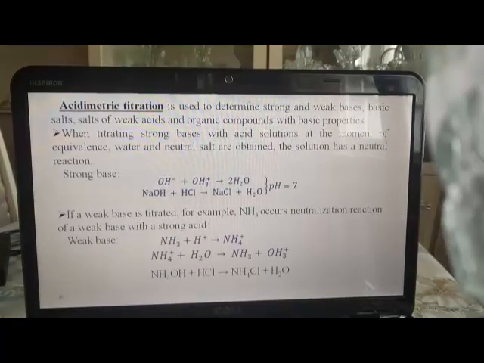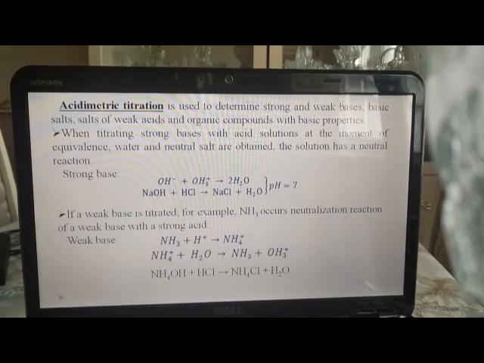Acidometric titration is used to determine strong and weak bases, basic salts, salts of weak acids, and organic compounds with basic properties. When titrating strong bases with acid solutions, at the moment of the equivalence, water and neutral salt are obtained.